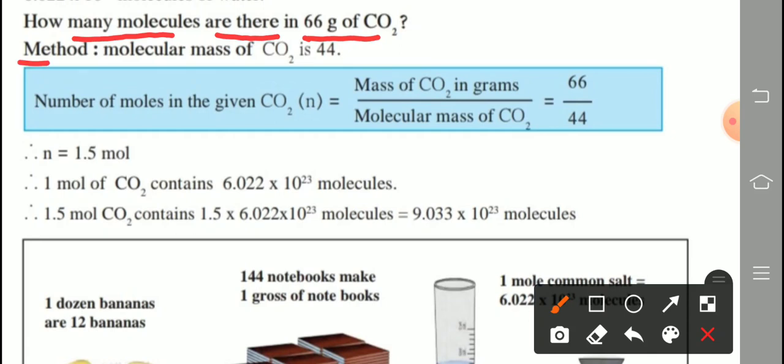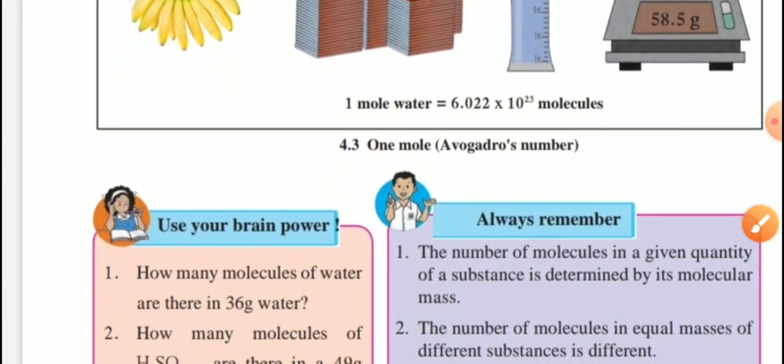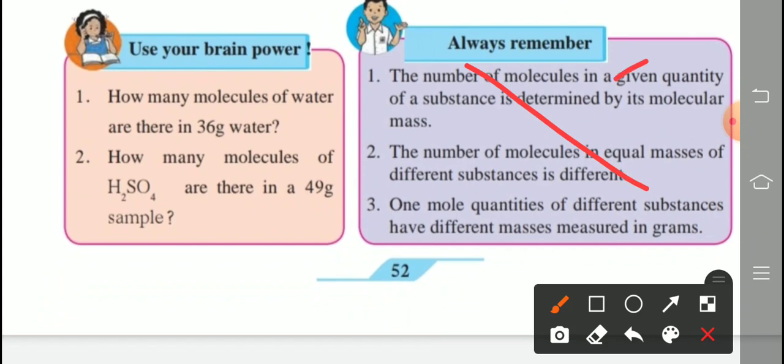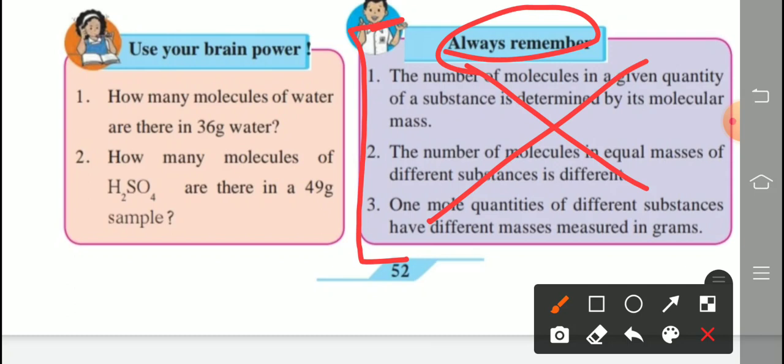First of all, we write the given terms. Actually the answer is given here, but I will show the answer in a proper manner. At the last, this part is omitted, always remember. For your knowledge you can read what is given in the violet color box, but no question is asked related to it. Clear, all of you?